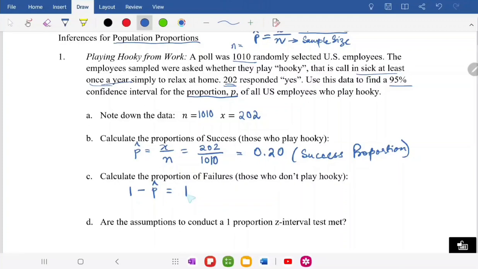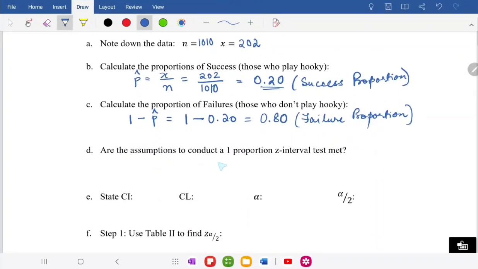So 1 minus 0.20 gives you 0.80. And that's the failure proportion. It's failure just because this proportion of people that were surveyed did not meet the specified criteria.